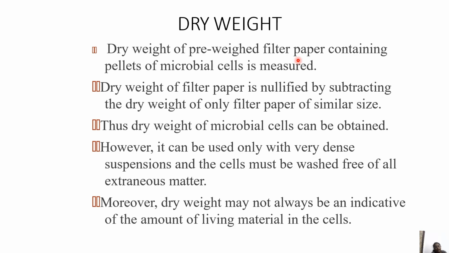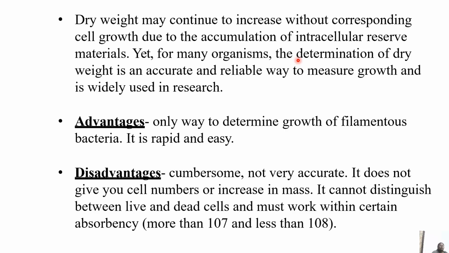Moreover, dry weight may not always be indicative of the amount of living material in the cells. Dry weight may continue to increase without corresponding cell growth due to the accumulation of intracellular reserve materials. Yet, for many organisms, the determination of dry weight is an accurate and reliable way to measure growth and is widely used in research.